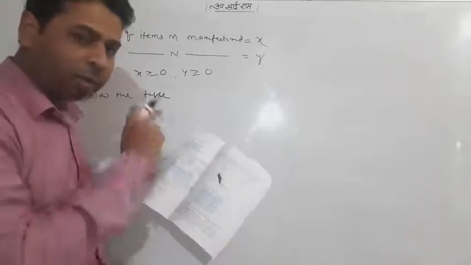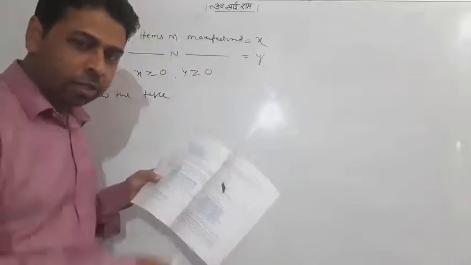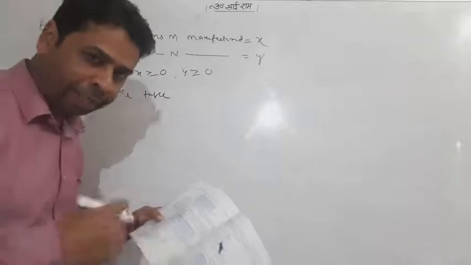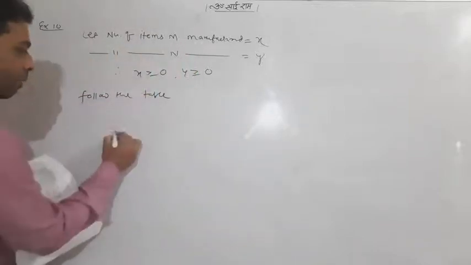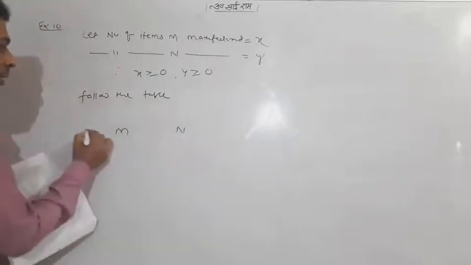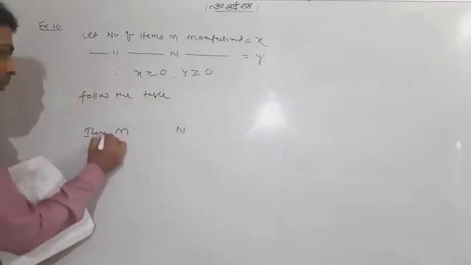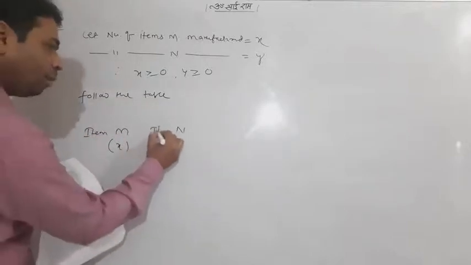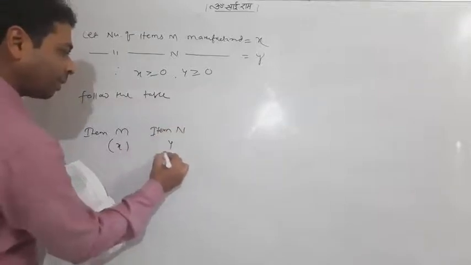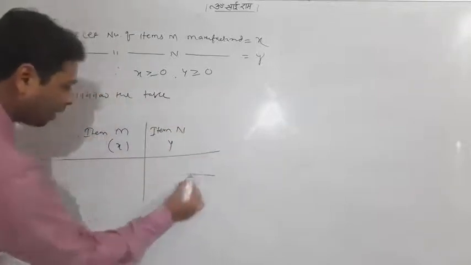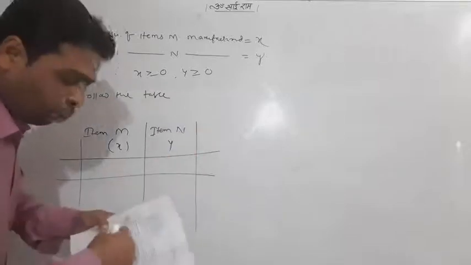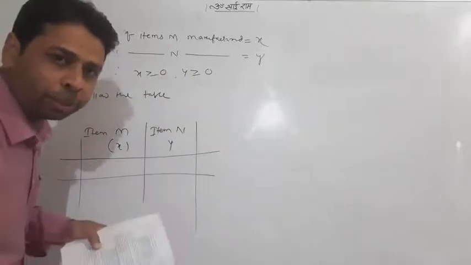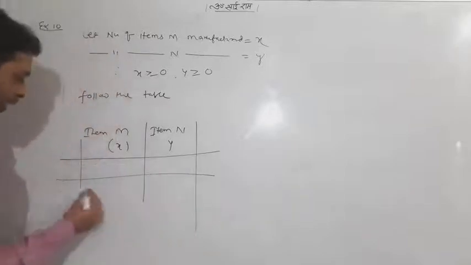The thing which is given horizontally, I used to make vertical, and I will prefer my side. Look, M and N I will write here. This is item M, which is x. The two things which I wrote in a line, the book mentioned in a simple column. I changed it from my side.